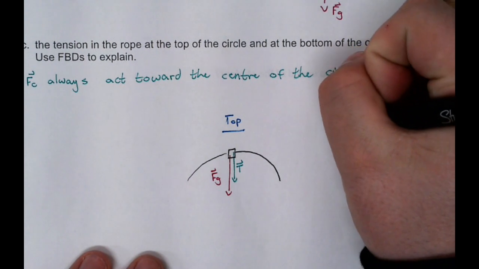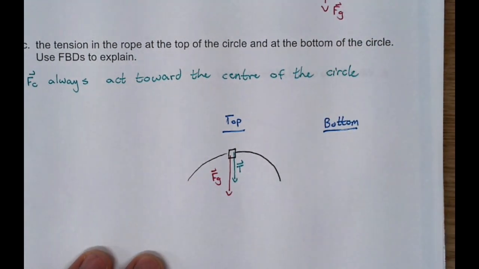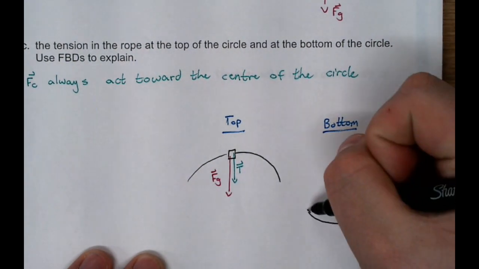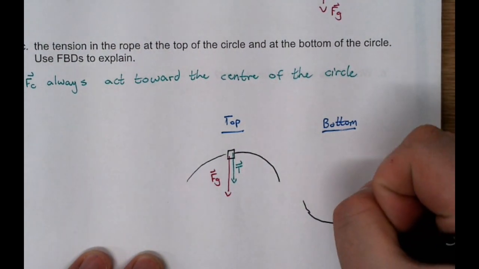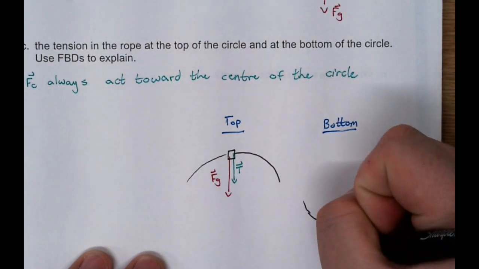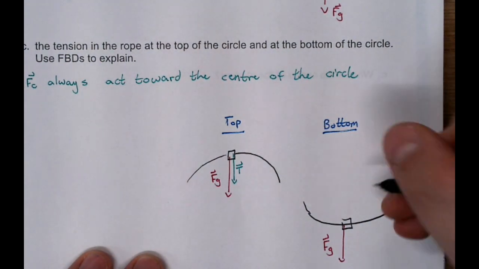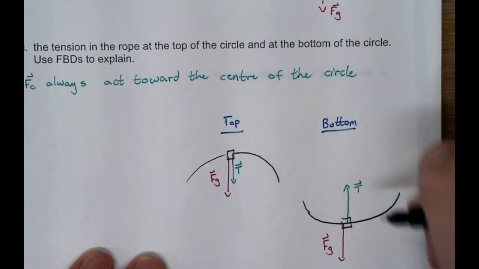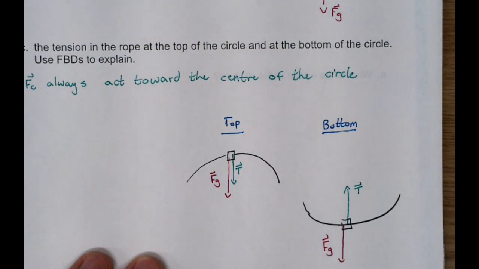But now when you're at the bottom of the circle, so if our circle is like this, you're still going to have that force due to gravity acting down. It always acts down. But our tension force is going to want to pull towards the center of the circle. So now they're acting opposed to each other.